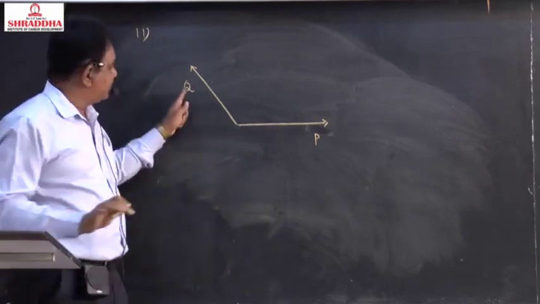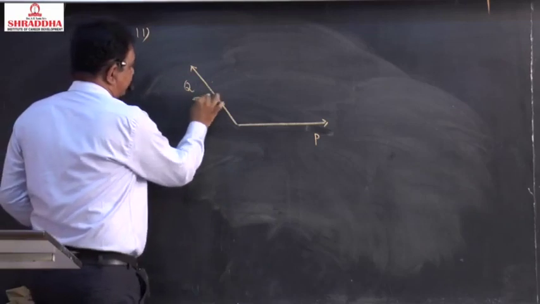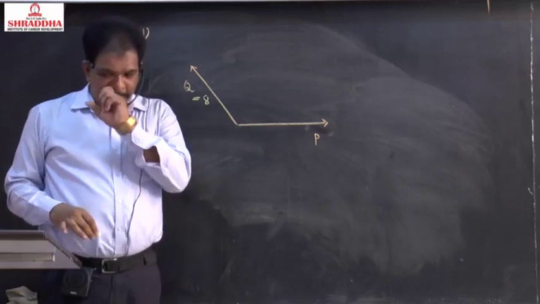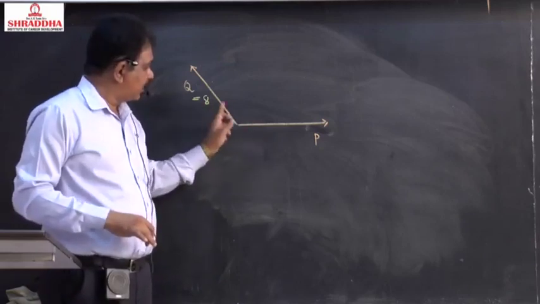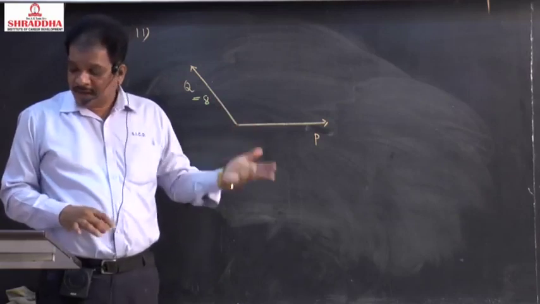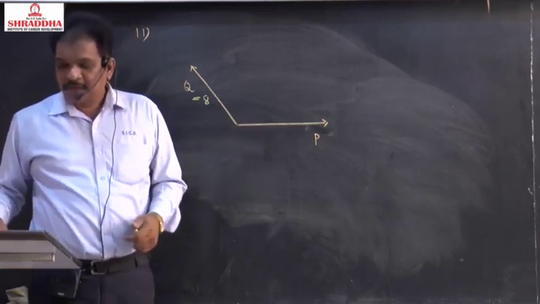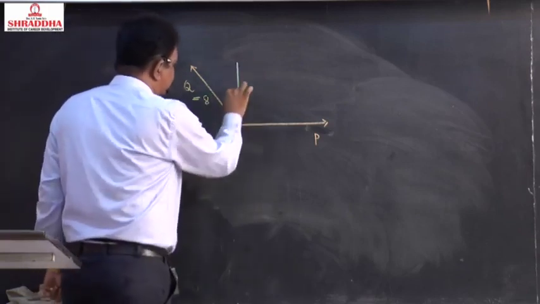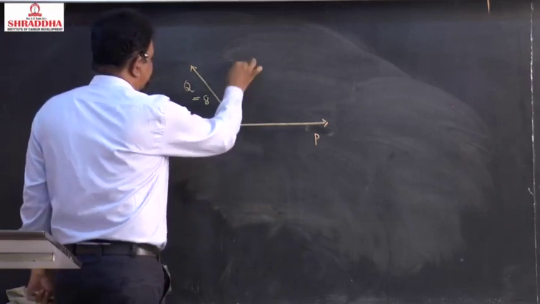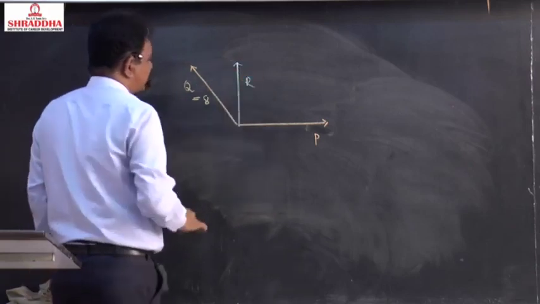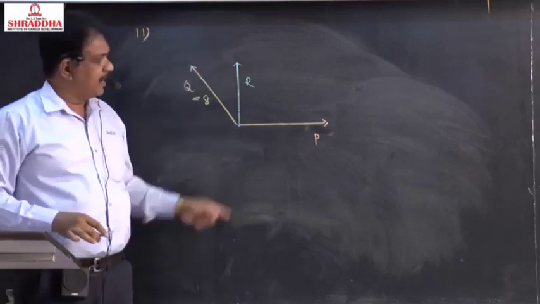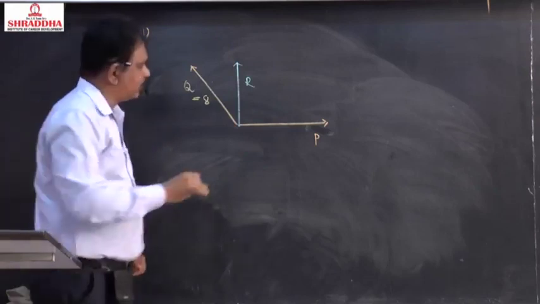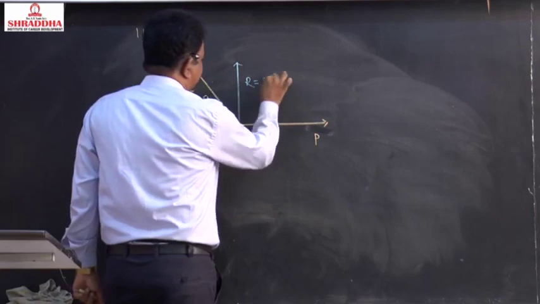Q magnitude is 8. P magnitude we don't know. The resultant of these two vectors is a third vector r bar which lies along the y-axis, with magnitude r, and it has a magnitude twice of p.